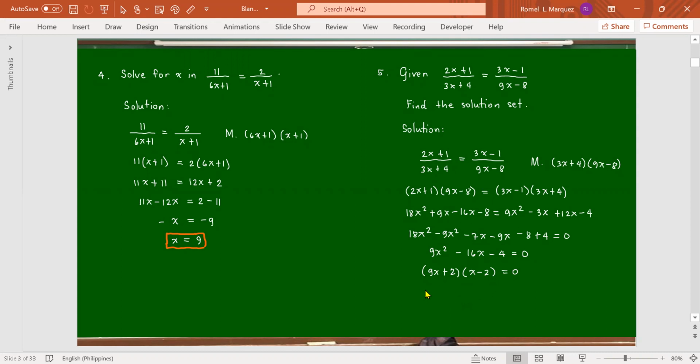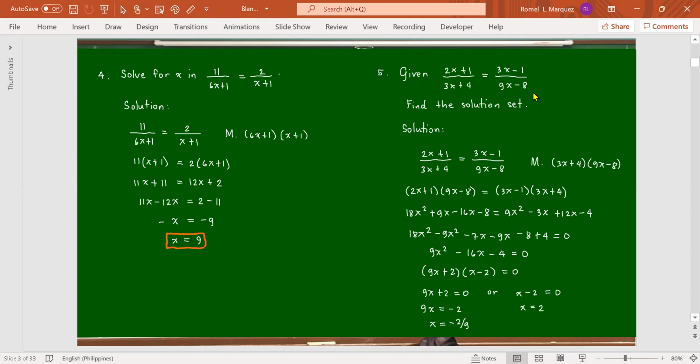Okay, so equate each factor to 0. For the first linear, solving for x, we have 9x equals negative 2. x therefore is negative 2 over 9. While on the second linear, x is equal to 2.